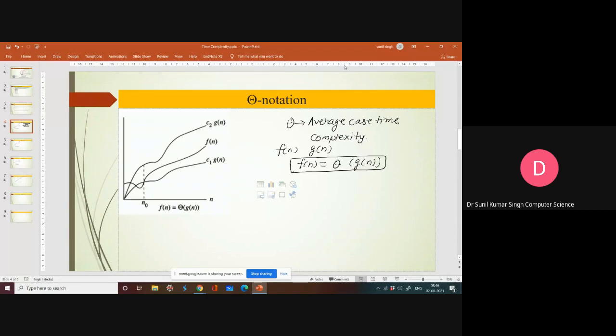Here the y-axis indicates T, and T is the time complexity, and n is a set of natural numbers.